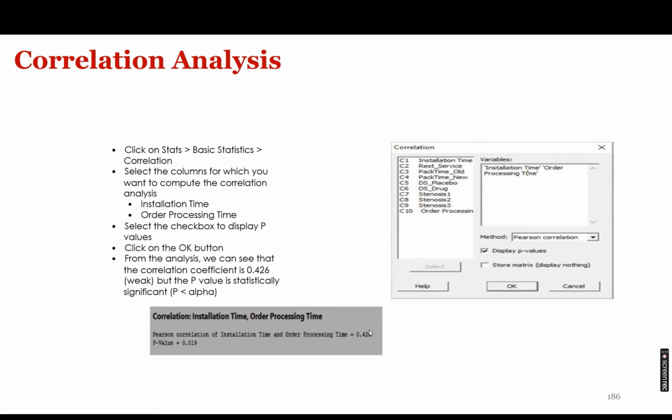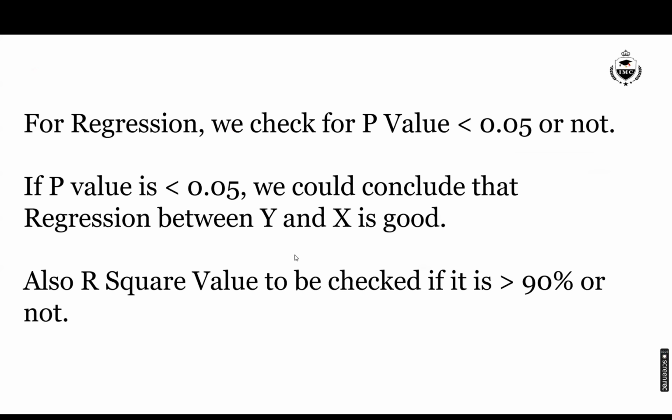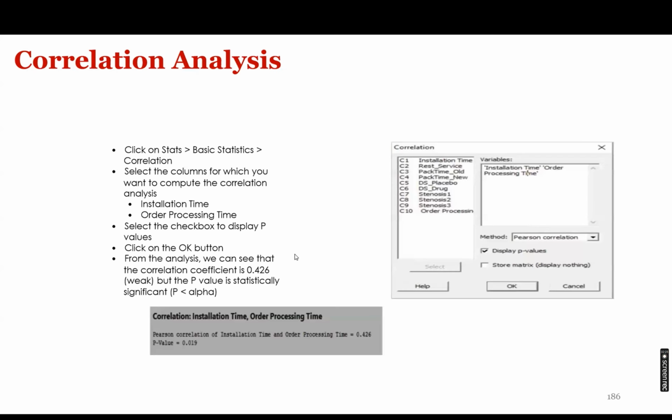Click on OK. We get a correlation value of 0.426, which is slightly more than 0. So it is ideally a scatter diagram or no correlation. Even if you say this is a positive correlation, it's a very weak correlation because it is not one.